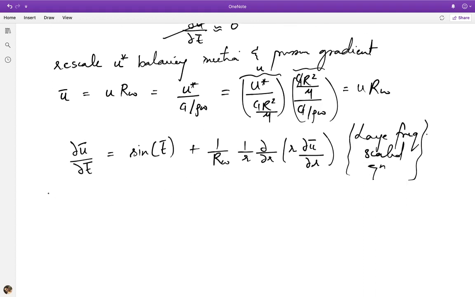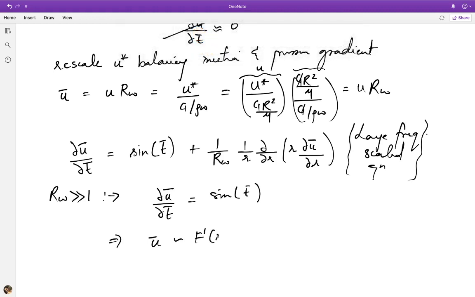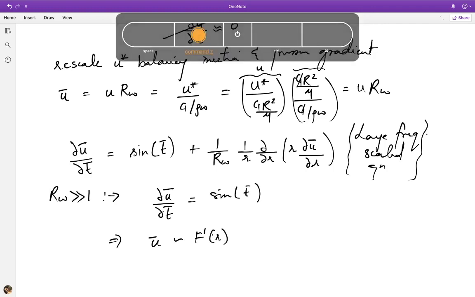So now we see that if R omega is much greater than 1, we actually get dou u bar by dou t bar goes as sine t bar, which implies that u bar must go as some different function of r. Let's not use prime because that denotes derivative, right?